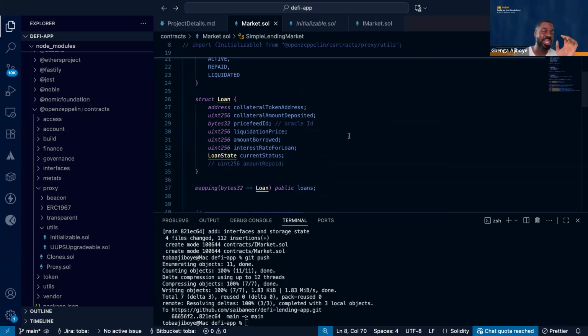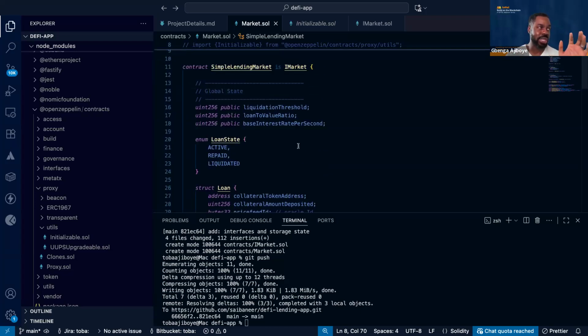Initializable separates the storage and the logic so that you can reuse the logic. If you try to clone a contract that has a constructor, it's essentially going to copy the state of the contract, which is not what you want. You want the state and the logic to be different. So that's why we use initializable.